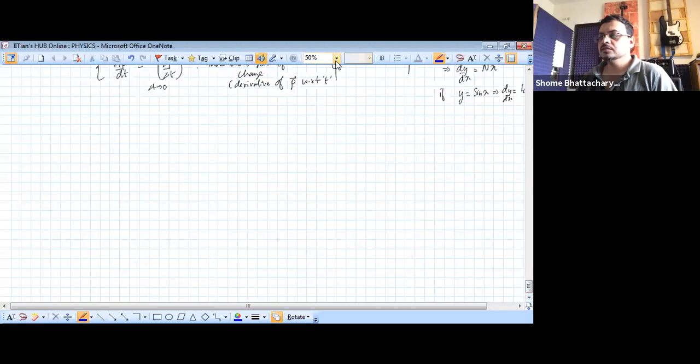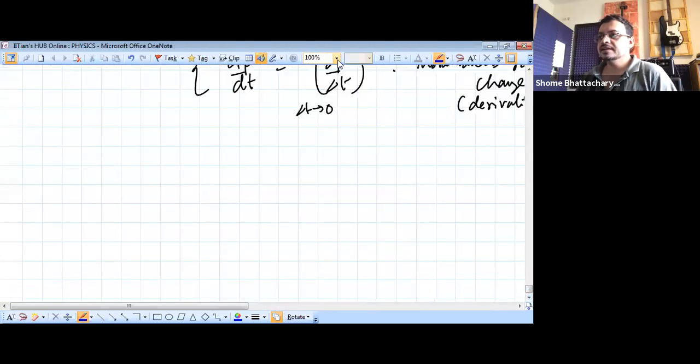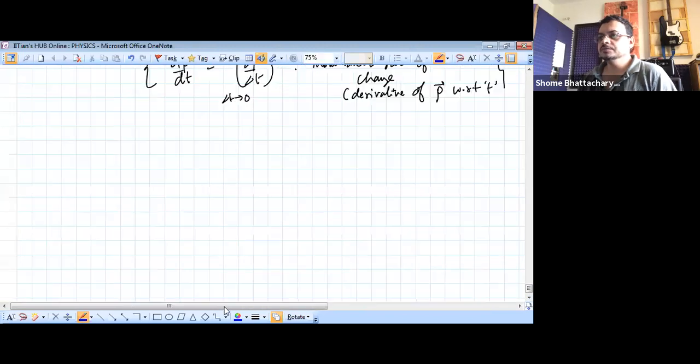Now let's understand how to deal with the right-hand side of the equation, the rate of change of momentum. Yeah, obviously the whole chapter is about applications with examples, so don't worry about that.